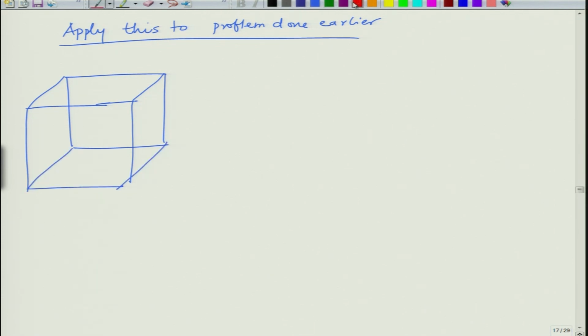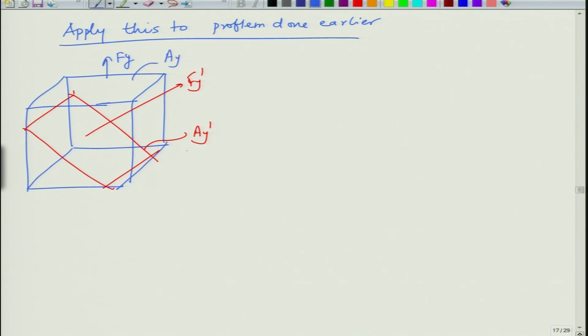We made a plane which was like this. So this was, let us say, Ay prime, this was Fy prime, this was Fy, and this was Ay.